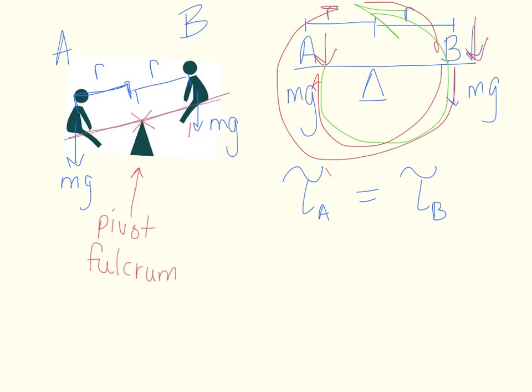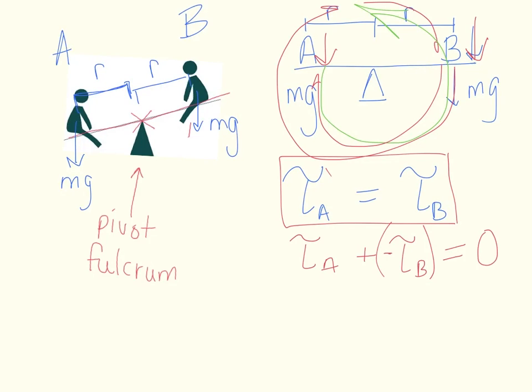So our torques, torque A plus torque B, or torque A minus torque B, because they're pushing opposite directions, should sum to 0. And because they sum to 0, they're equal to each other, just like with force.